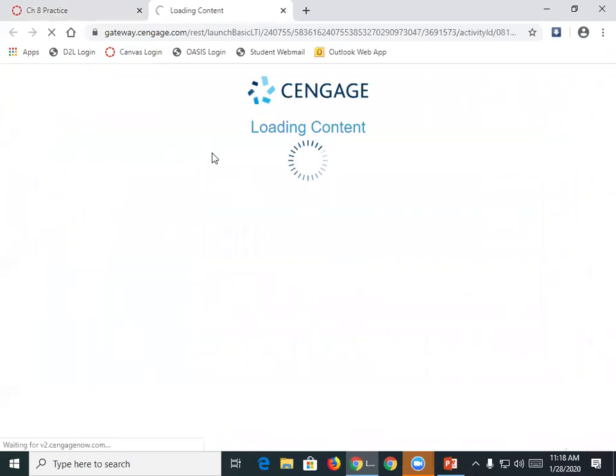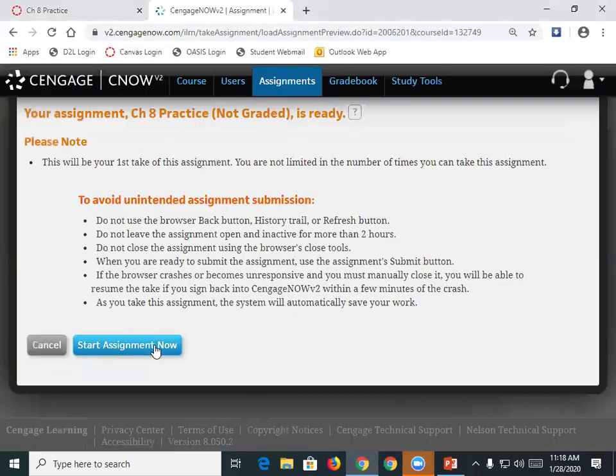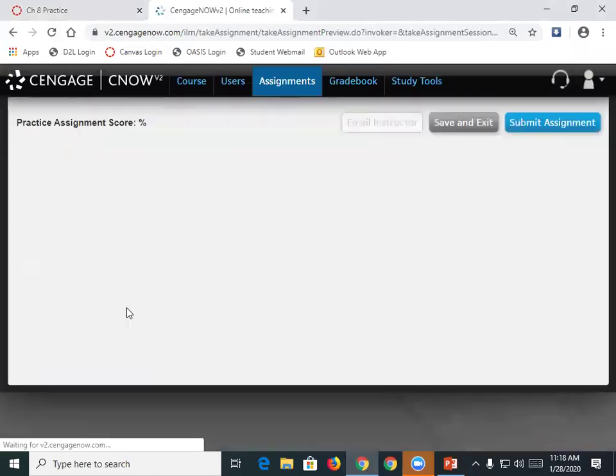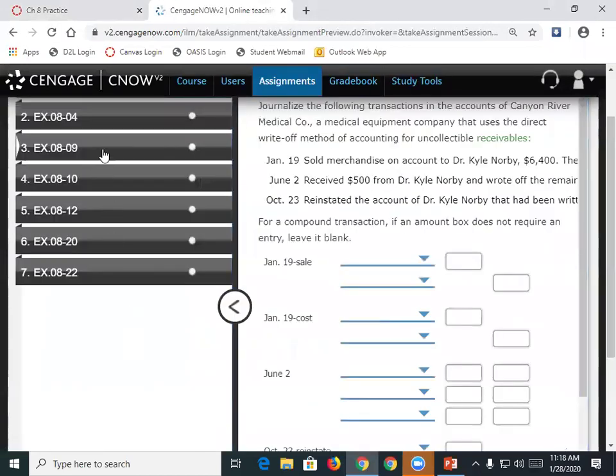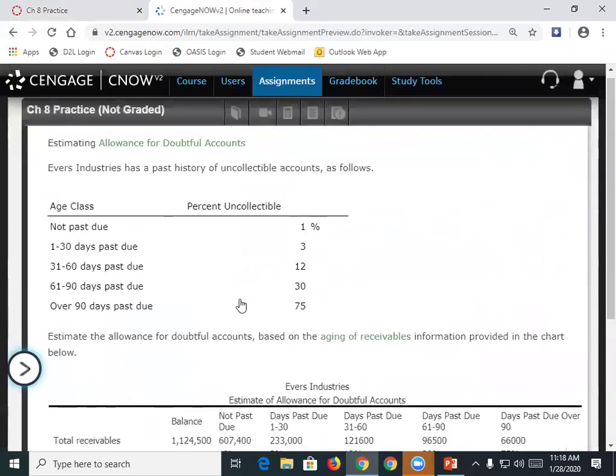And I believe we're on the third one. So we're on Chapter 8 practice, the third one, where we're actually doing an aging of accounts receivable to estimate our allowance for doubtful accounts balance.